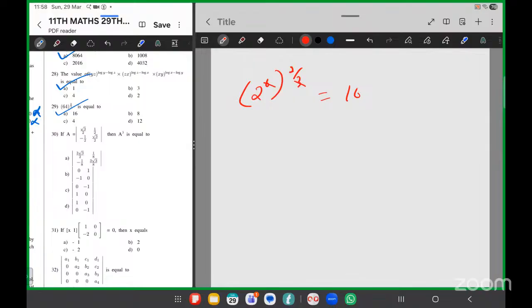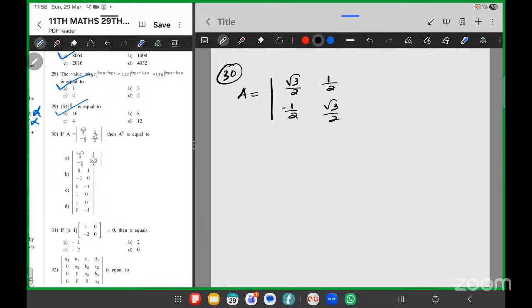Here a determinant is given. Matrix is given. You have to calculate A cube. A equal to root 3 by 2, 1 by 2, minus 1 by 2, root 3 by 2. This is the matrix given. So if you calculate A square, it will become root 3 by 2, 1 by 2, minus 1 by 2, root 3 by 2. What is A square?